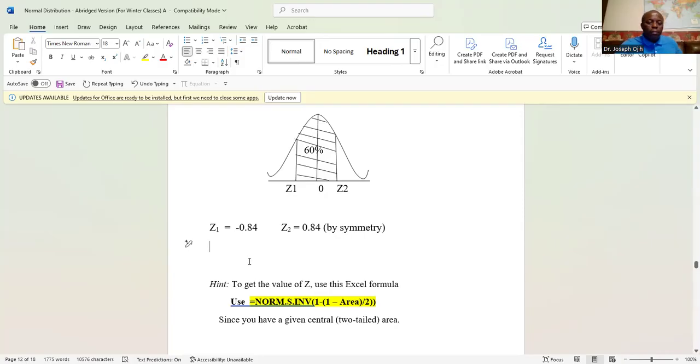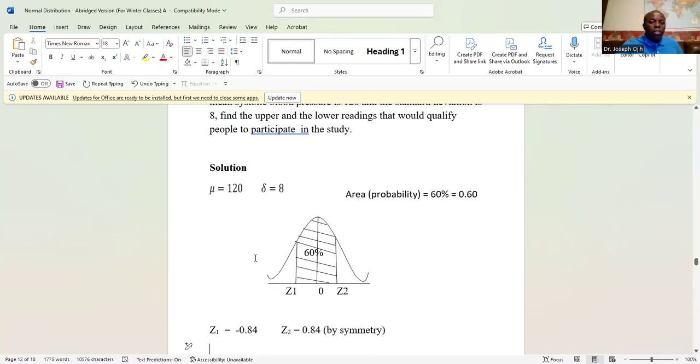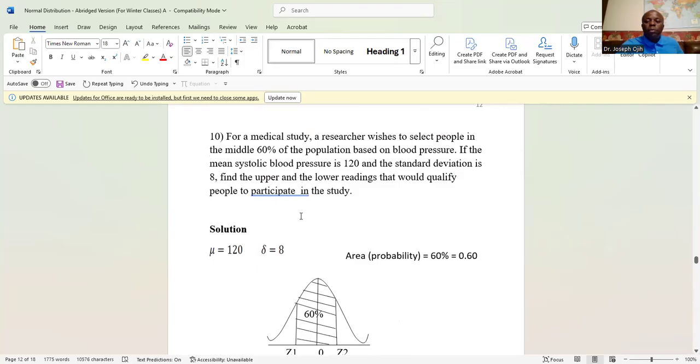So now let's see. Sorry, not score, my mistake. We can now figure out what the upper and lower readings for the blood pressure are to qualify.